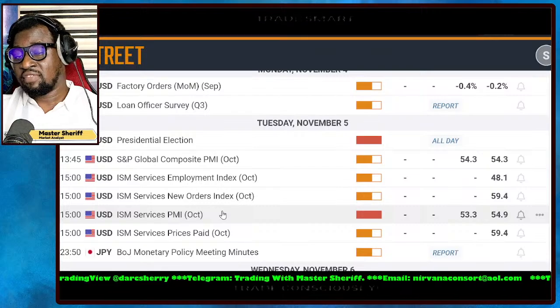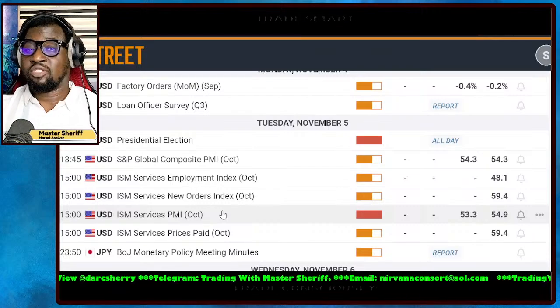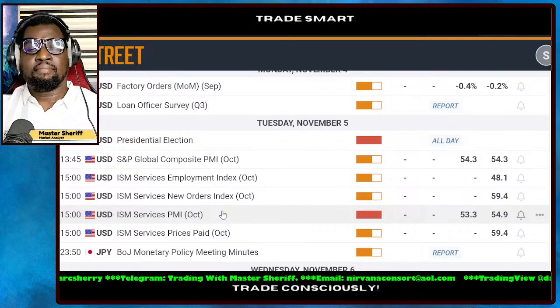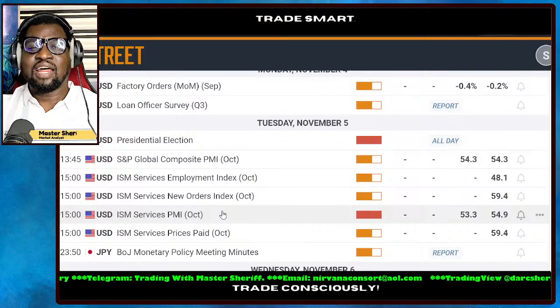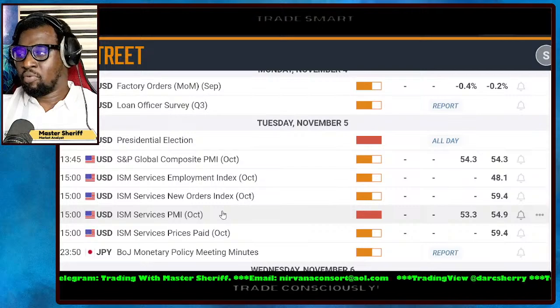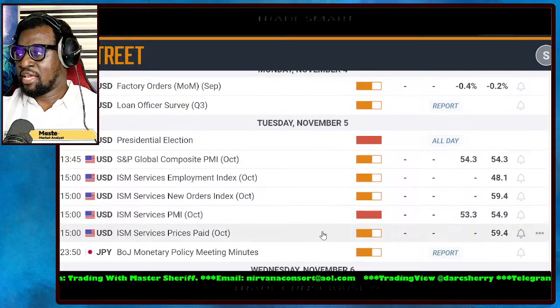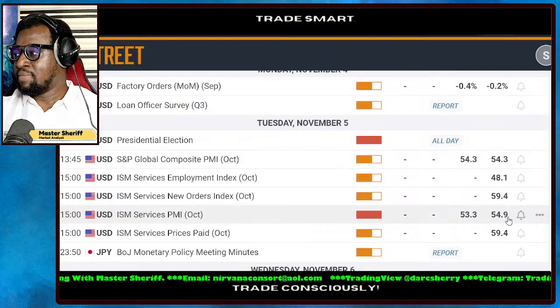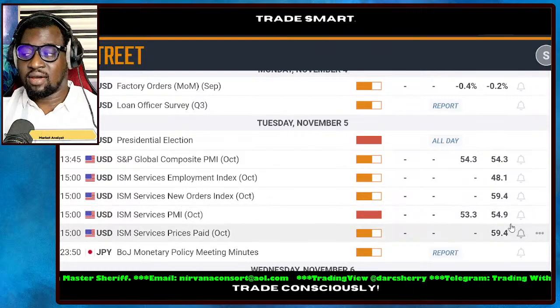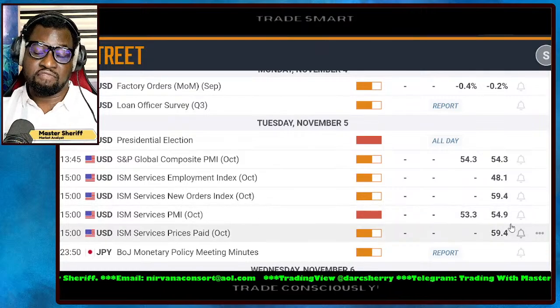In fact, the service sector in the United States has been doing tremendously well on a monthly basis. For about 6 months now, we've been seeing very good reports. And if you look at this here, you will see that the previous month came in at 54.9, which is way above the 50 mark.